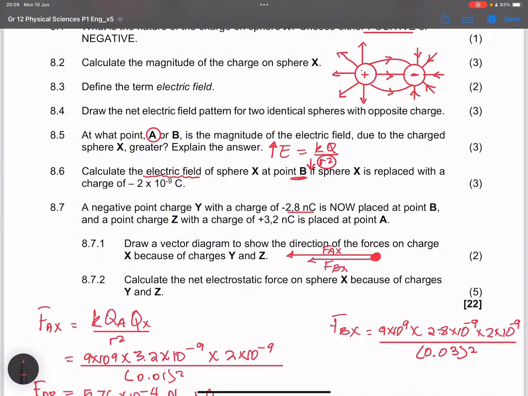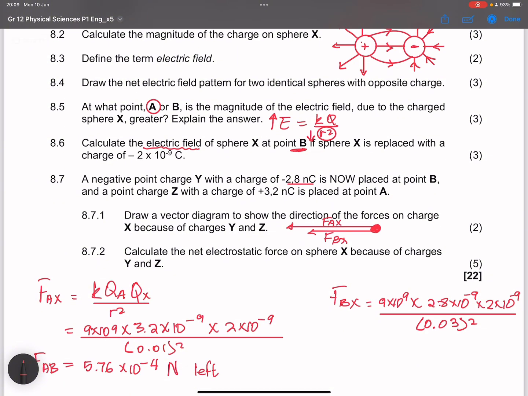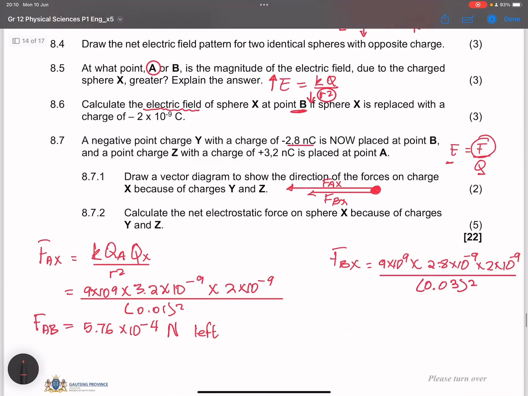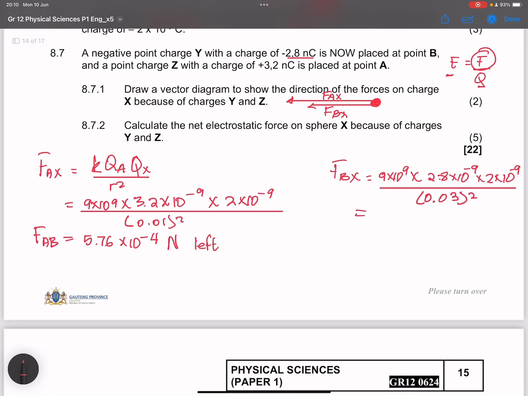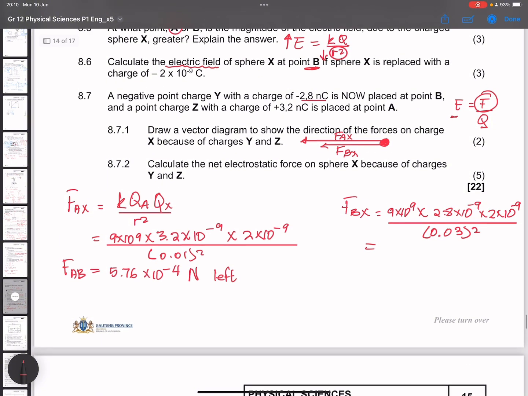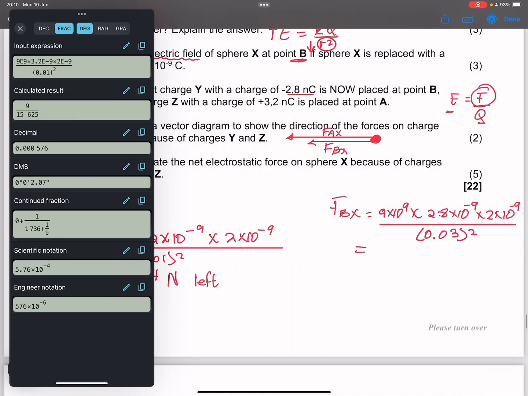Okay, another way to find that force, because you already had the field, is that you could have multiplied the field. You can use the equation E is equal to F over Q, right? So you want the force, you already have the field, so you could have just multiplied by the charge on X. Right, so in this case, we get another value. Okay, let's try and calculate that quickly.